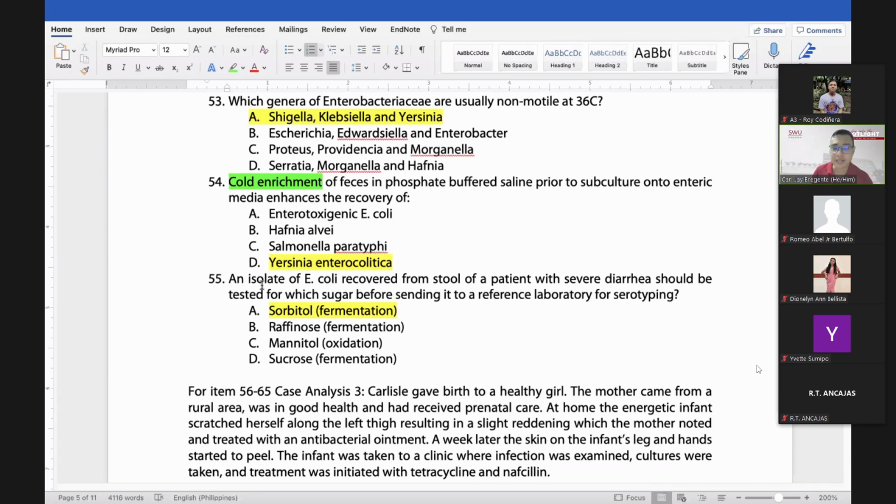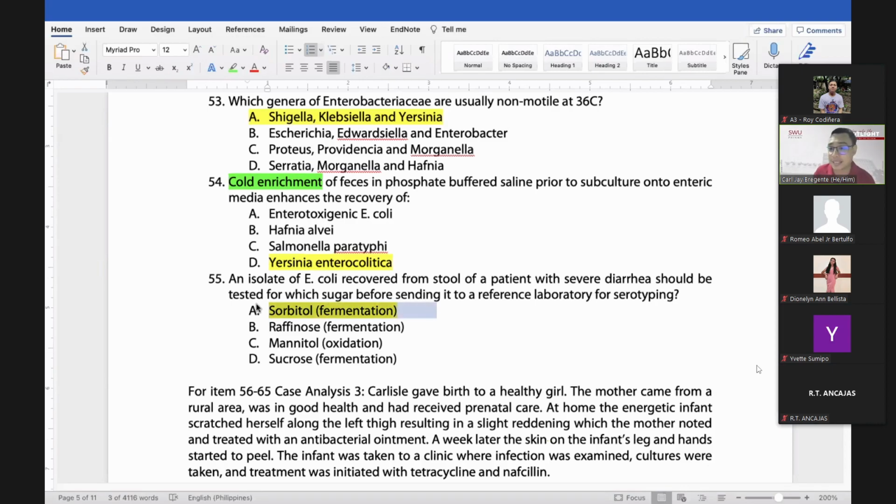55. An isolate of E. coli recovered from the stool of a patient with severe diarrhea should be tested for which sugar before sending to a reference lab. So, if ever, class, the E. coli isolate is from severe diarrhea, it is usually tested using sorbitol fermentation.